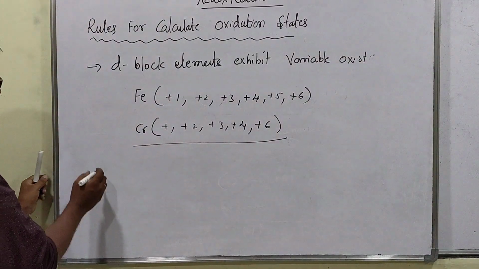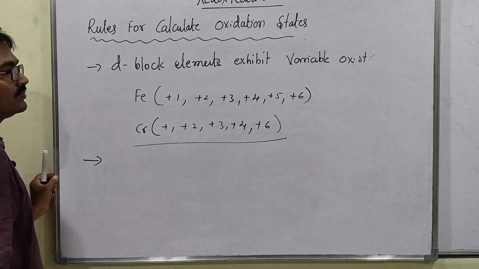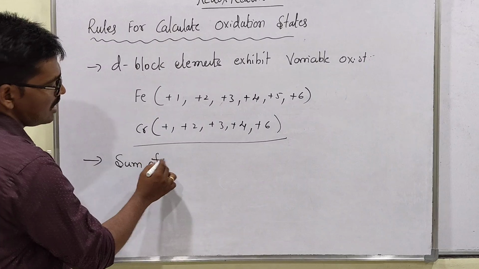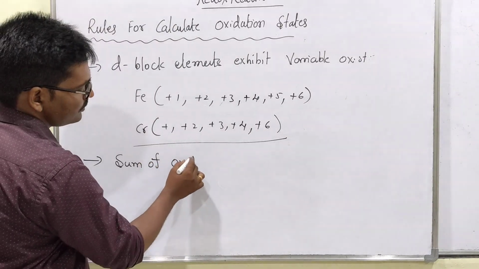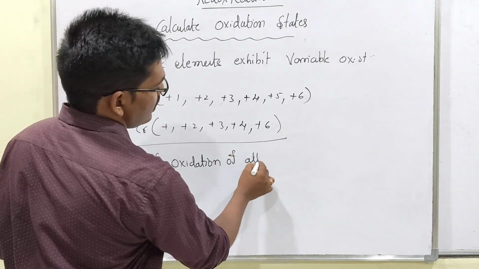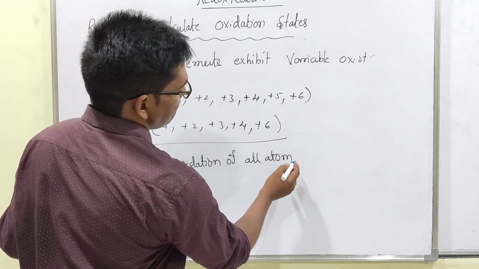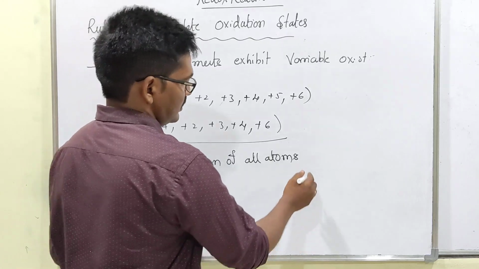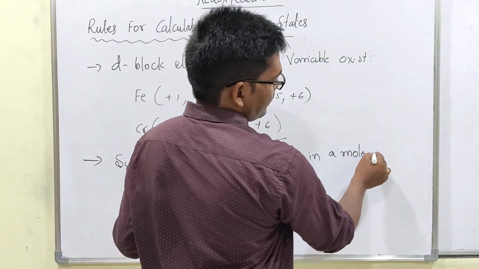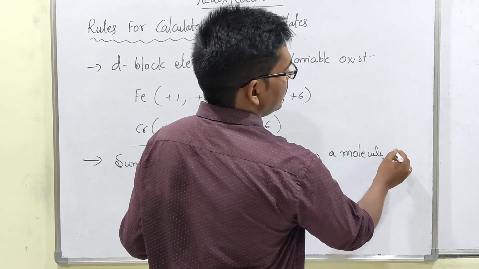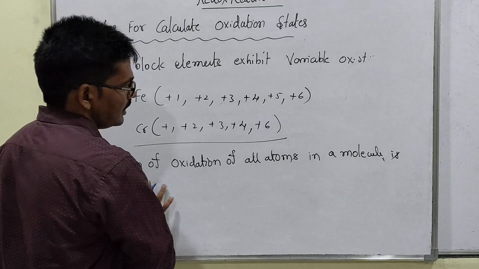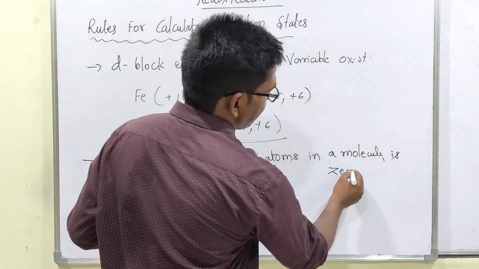The last final rule: the sum of oxidation states of all atoms in a molecule is 0. In a molecule it is 0.